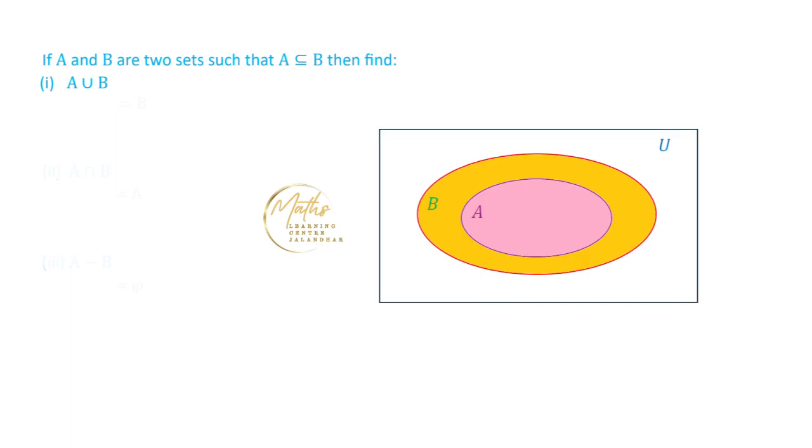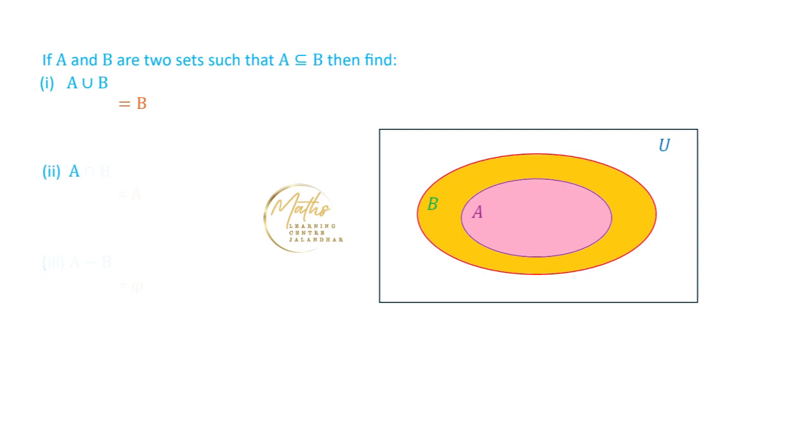This is the universal set, this is set A, this is set B, and set A is a subset of set B. Now we have to find A union B. Clearly every element of A is itself an element of B. So A union B means all the elements of A and all the elements of B, but all the elements of A are already elements of B, so A union B is equal to B.